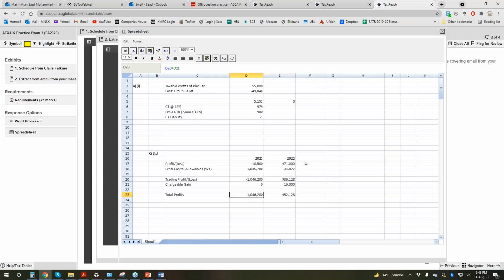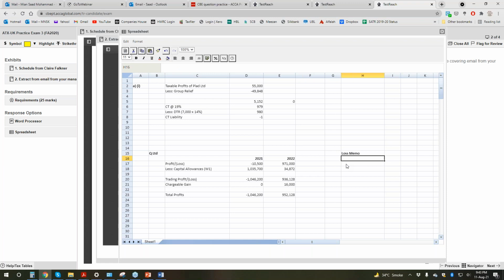Q didn't have any profit, so it straight away surrendered it to P Limited. However, in the next year, it has carry forward losses and it has profits available as well. So you have to make a loss memo as well. A loss memo is basically the calculation of how much loss has been utilized and how much loss has been left.